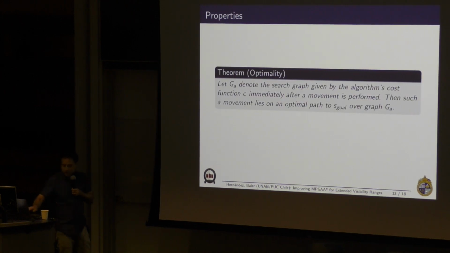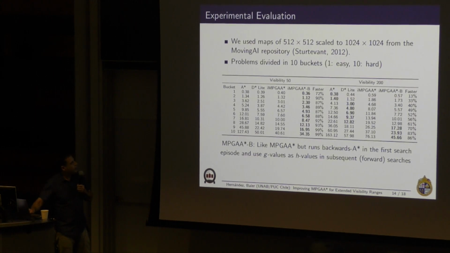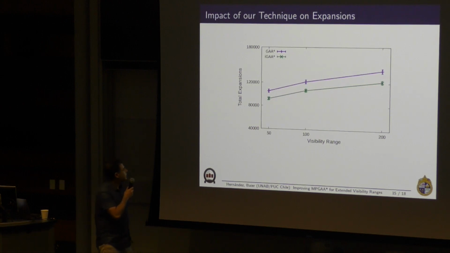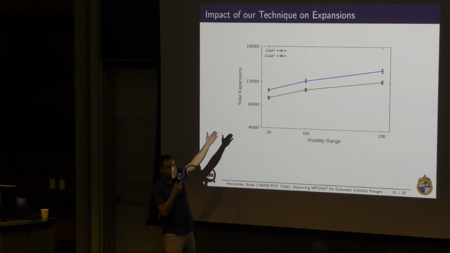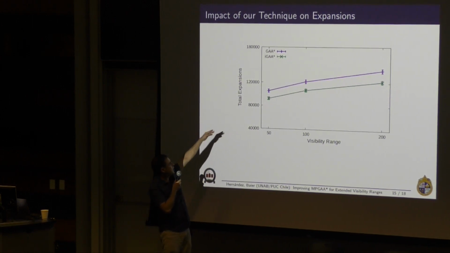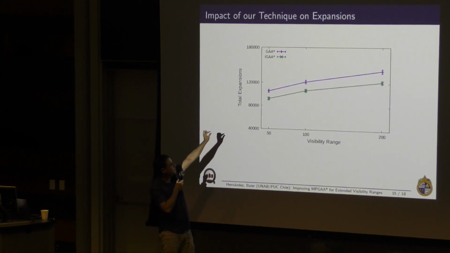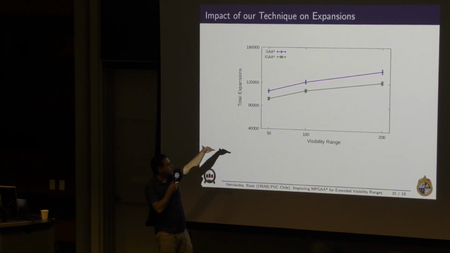The algorithm is optimal. You can see the theoretical results in the paper. I'm going to show you the experiments, I think this is more clear. For instance, for GAA star, this is the total expansions that the agent does, and with the improvement we reduce the number of expansions.